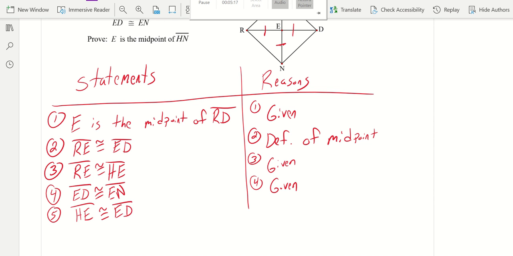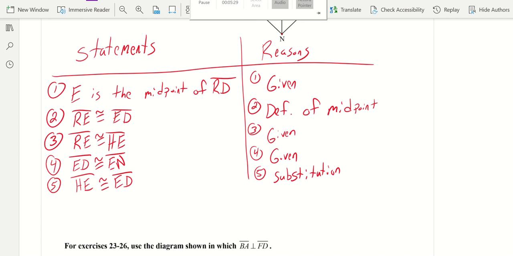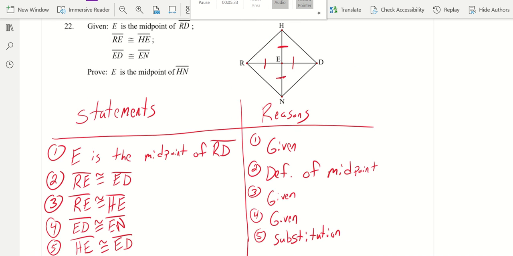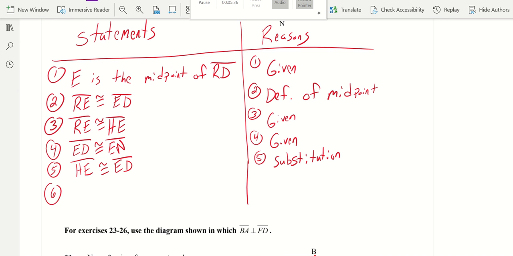Okay, that's substitution. And also, remember, we're trying to show that HE is congruent to EN, and we can now show that HE must be congruent to EN through substitution.